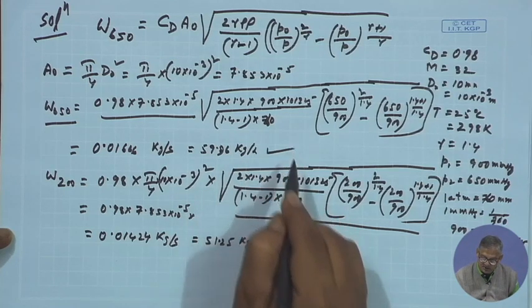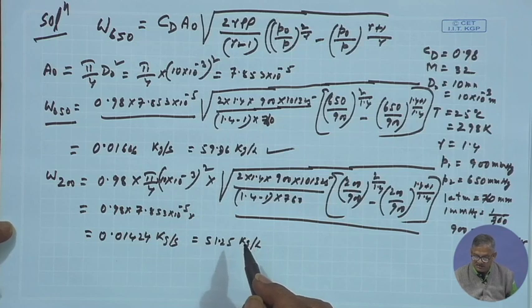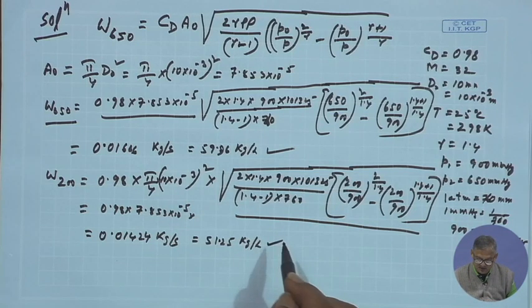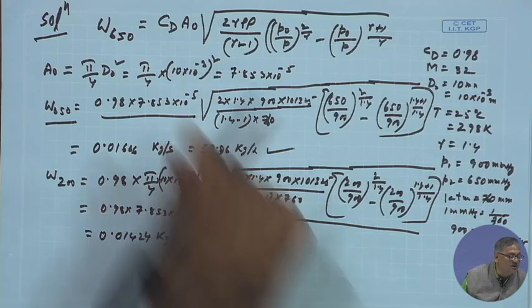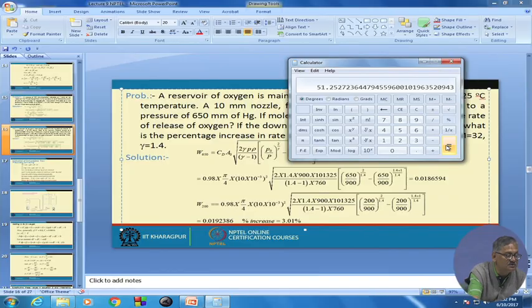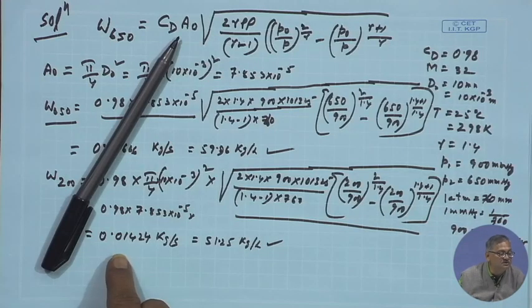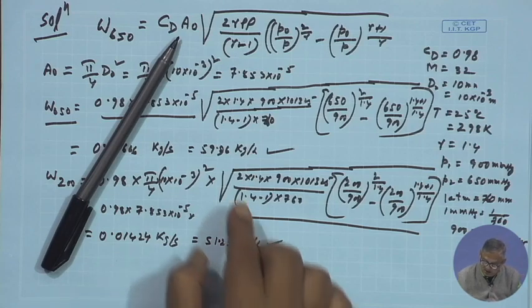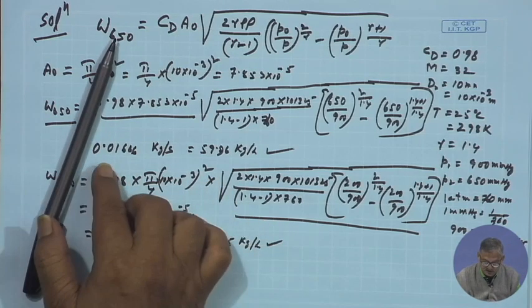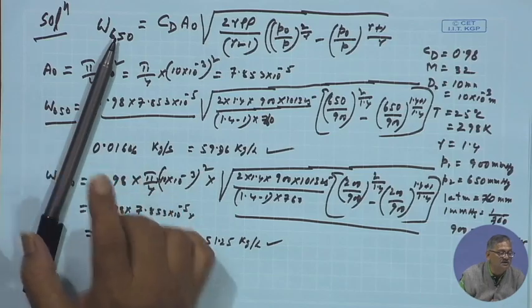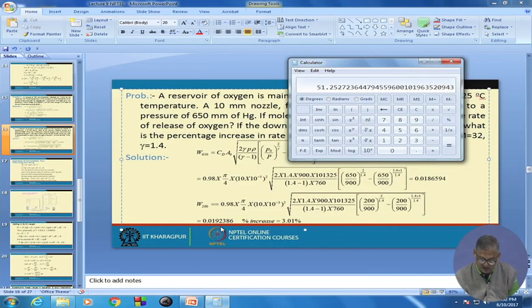So it was 59.96 kg per hour. Here it is 51.25 kg per hour. Hopefully they also got a similar number, 0.0192, in our case 0.0142, in our earlier case 0.0166, in their case it was 0.0186.